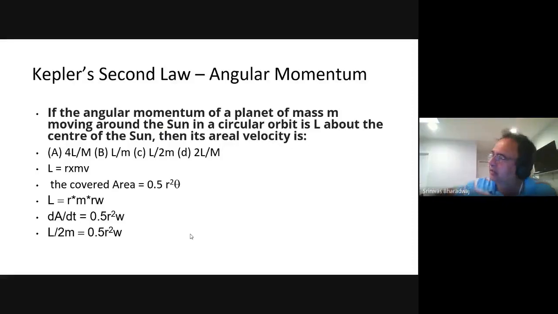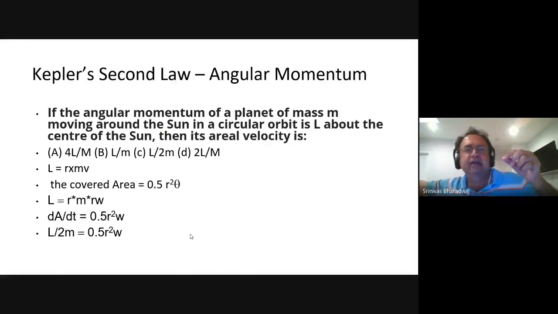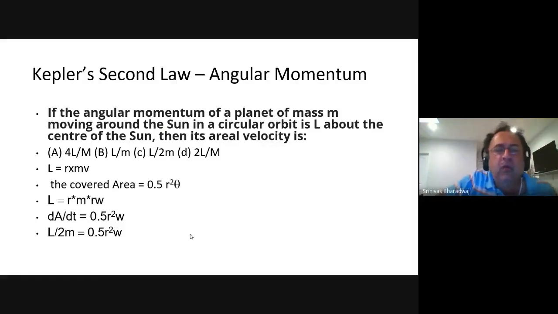What does that mean? Pluto will go only a small distance because it's a very thin sector, while the Earth will go a long distance in that same time frame. So dA by dt is a constant.